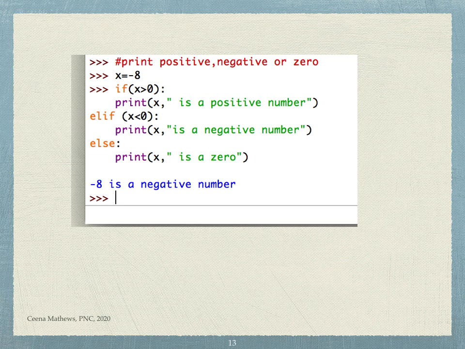If the condition is false, we check for another condition, that is, x is less than 0, which means x is a negative number. If this condition is true, it will print it as a negative number. Otherwise, if both the cases are false, then x is 0. Since x is minus 8, it will print the result as negative number.